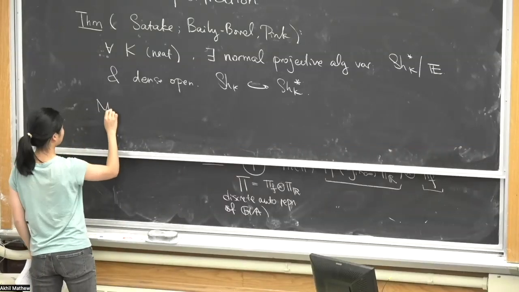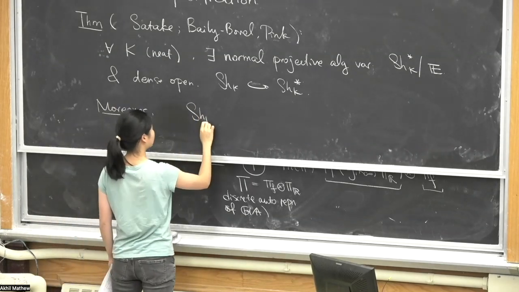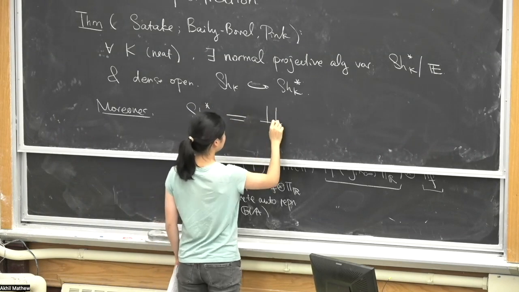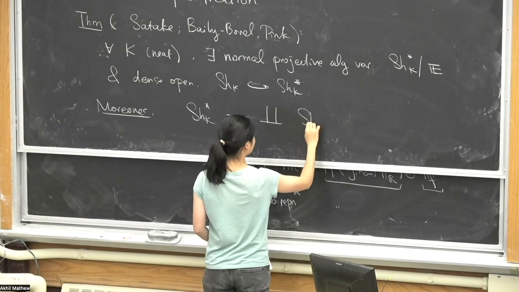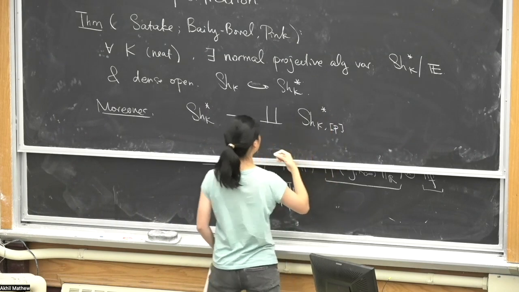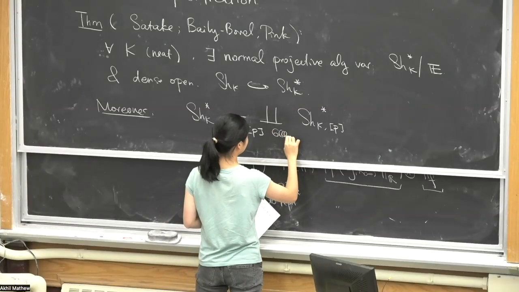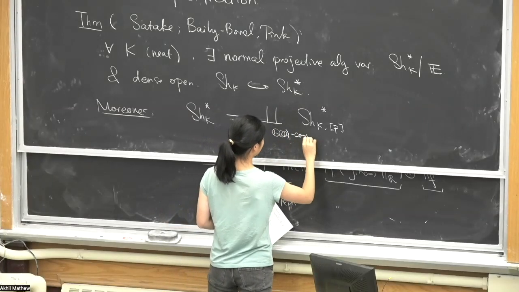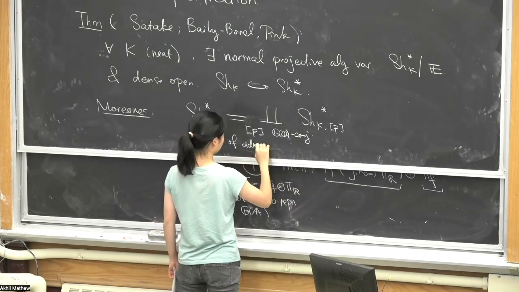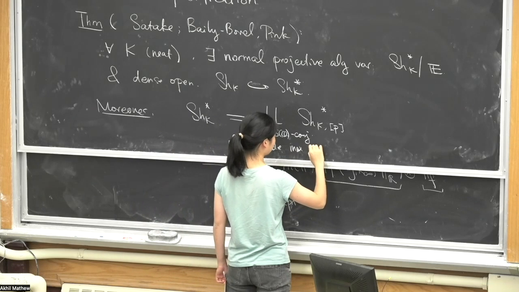And moreover, this minimal compactification has a stratification into strata labeled by conjugacy classes of the so-called admissible rational parabolics.